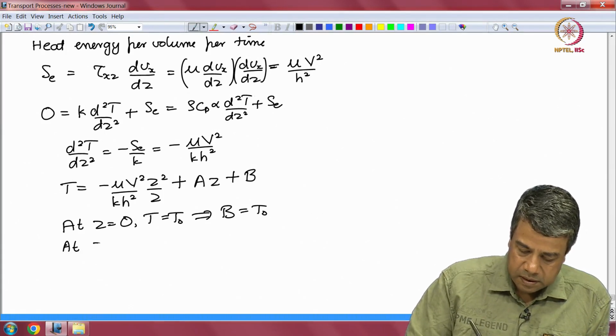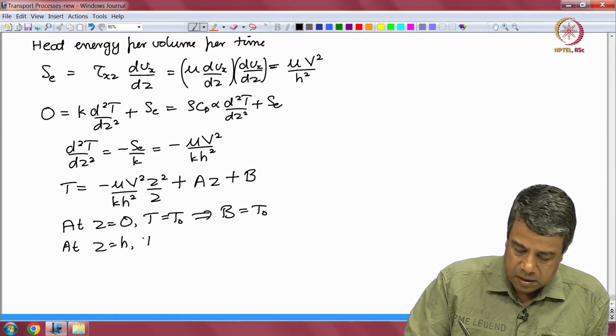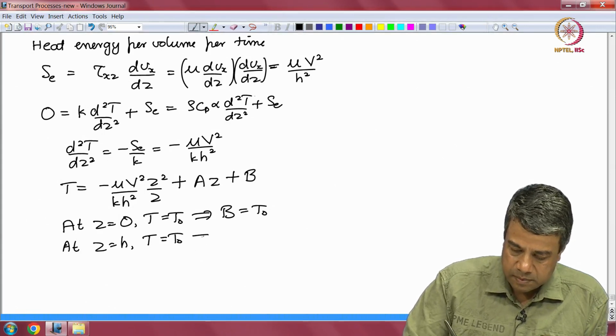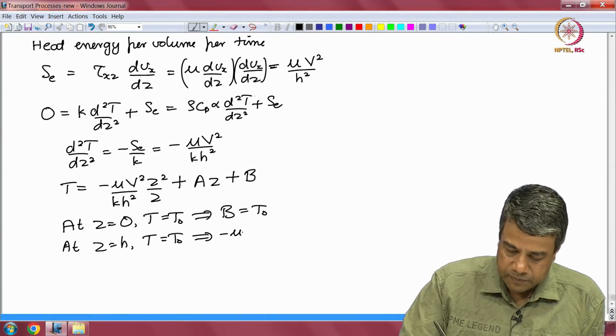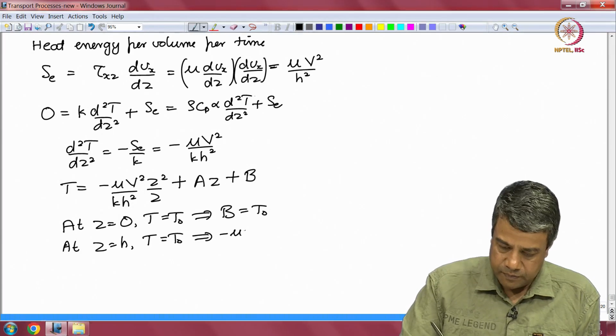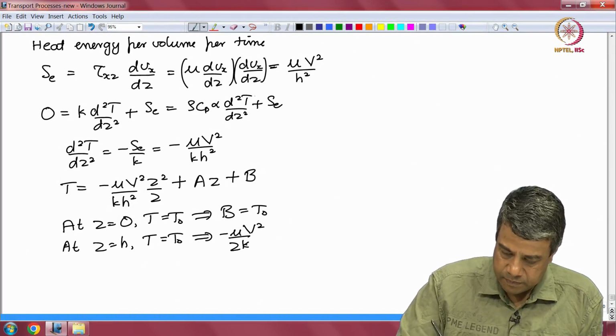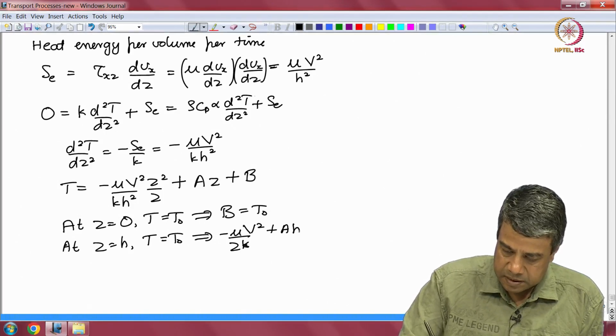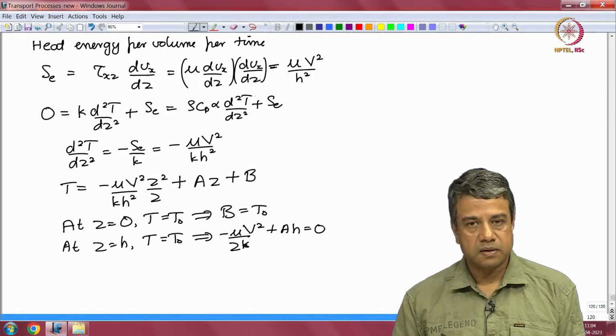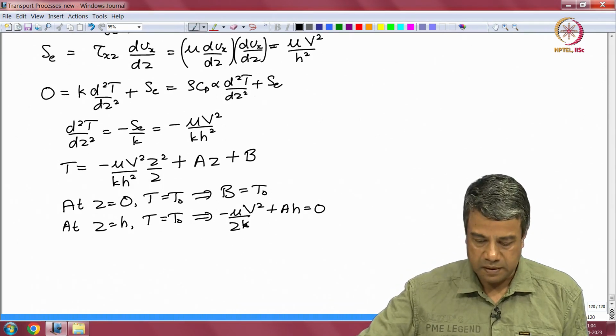At z equals h, T is equal to T naught implies that the quadratic term plus A h is equal to 0. So, that gives me the value of A. A is equal to minus mu v square by 2 k h.